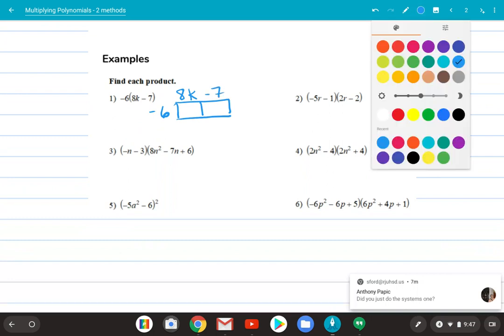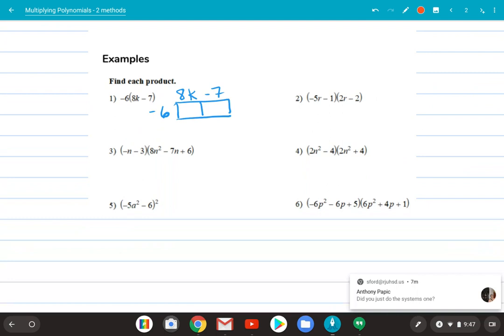Sorry, you guys. 8 times -6. Let's see if I can fit it in. -48k. -7 times -6, 42. And then you just write it right out. Now with ones, it's very simple just to do the FOIL version.